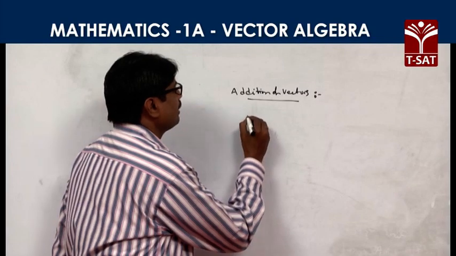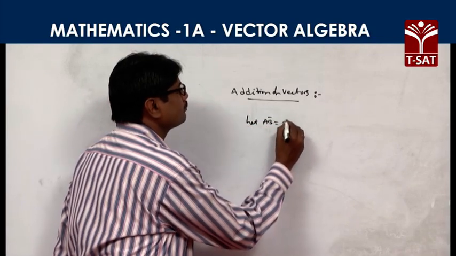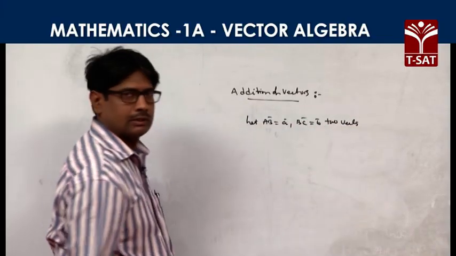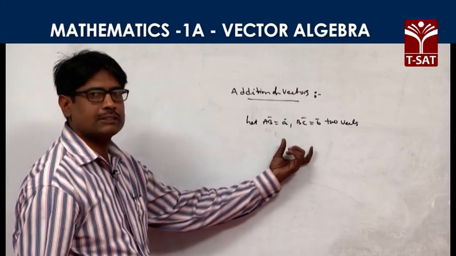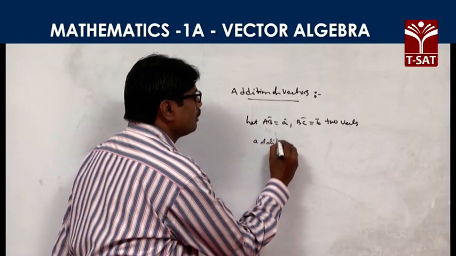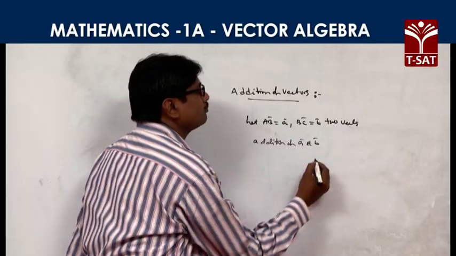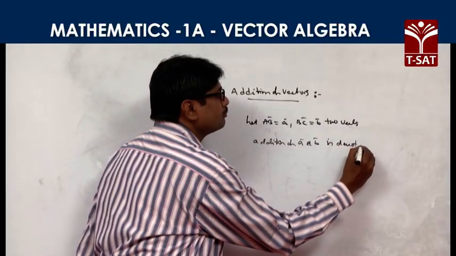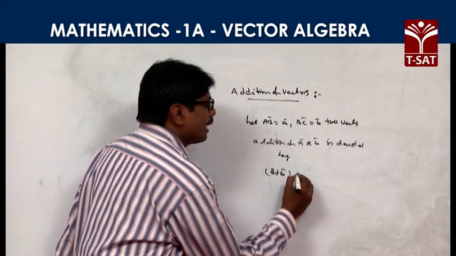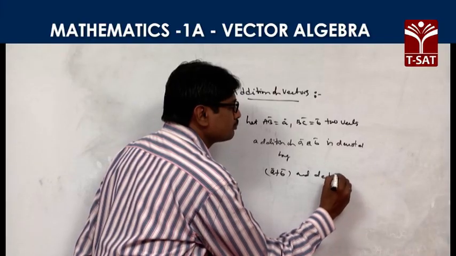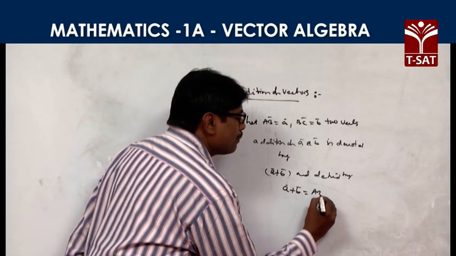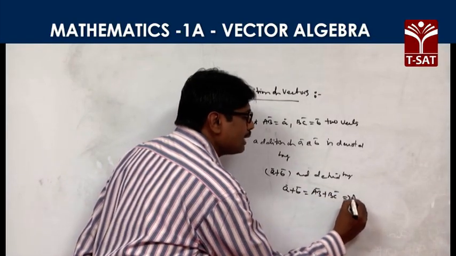How to add two vectors? Let AB bar is equal to A bar and BC bar is equal to B bar, two vectors. The addition of A bar and B bar is denoted by A bar plus B bar and defined by A bar plus B bar is equal to AB bar plus BC bar, that is equal to AC bar.